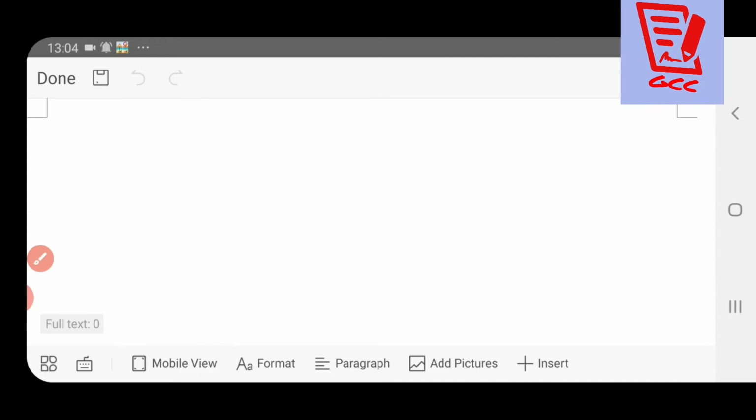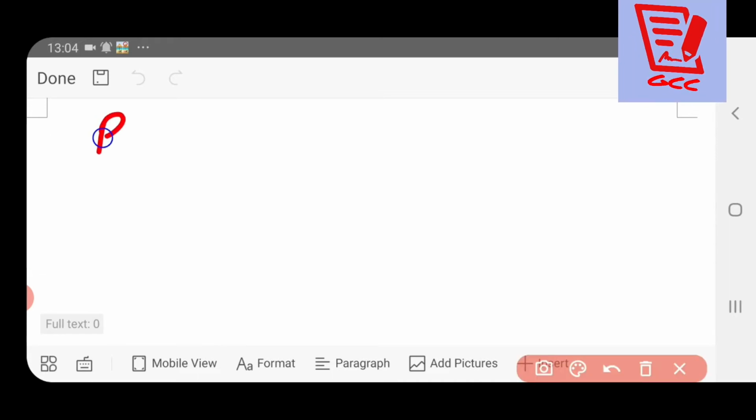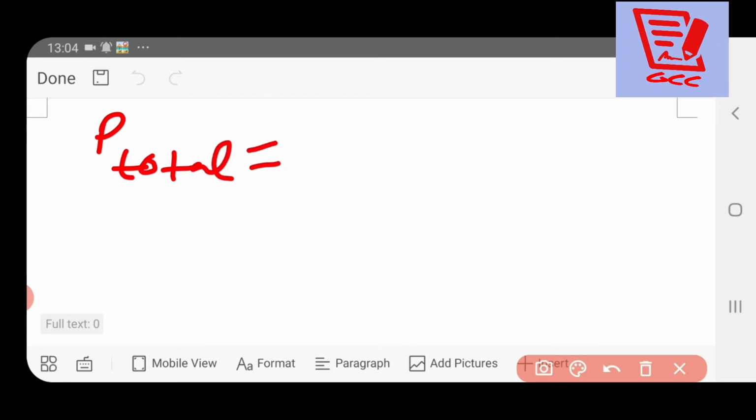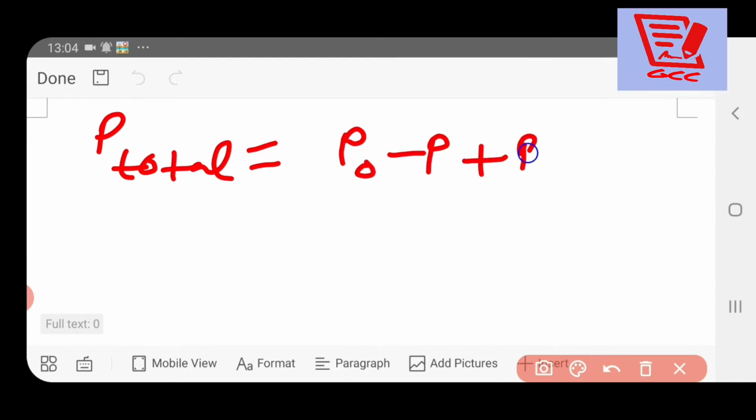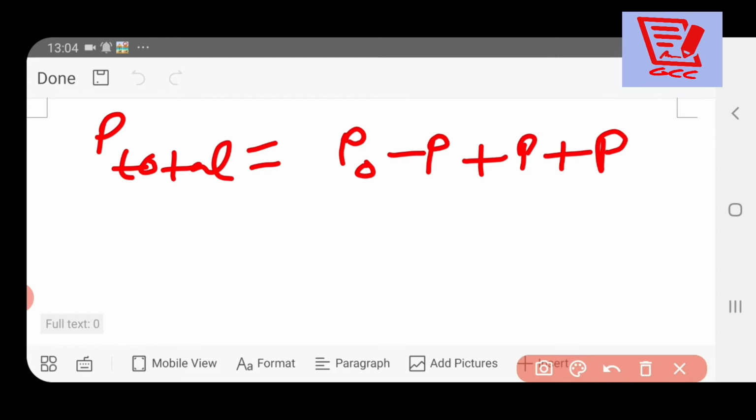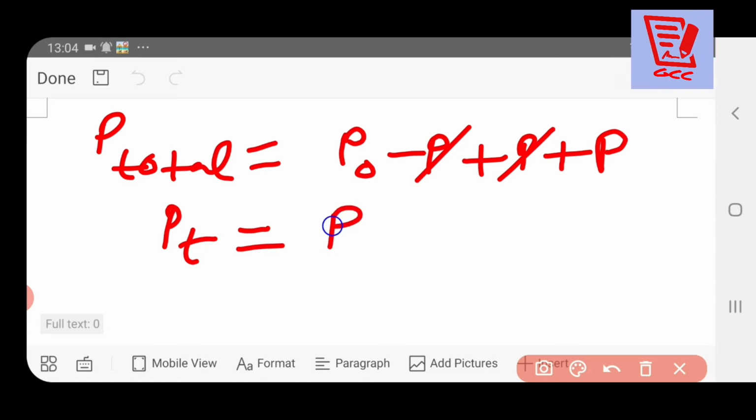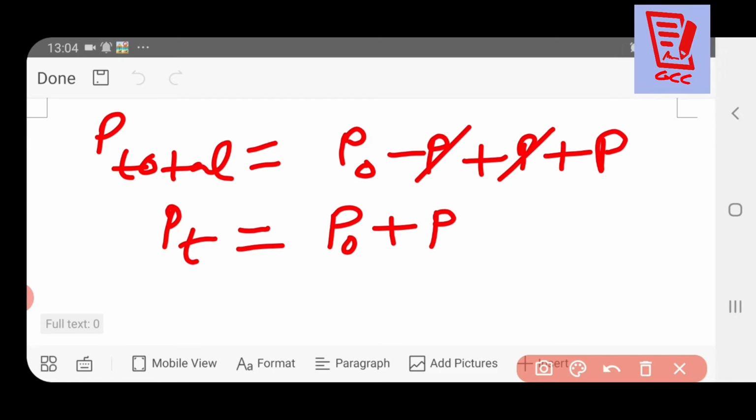So in the next line we can write P total is equal to P naught minus P plus P plus P. Then it will be cancelled out, and P total becomes P naught plus P.